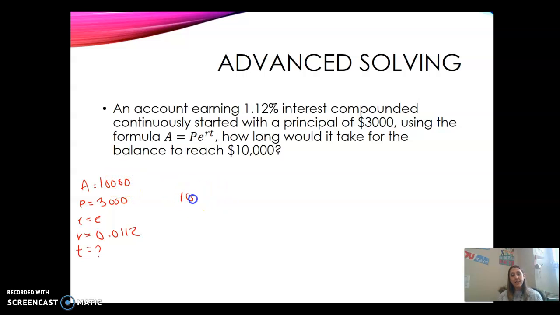So then I get 10,000 equals 3,000 times e to the (0.0112 times t). Those are parentheses, sorry. So now I have this whole thing is unknown, and I need to get everything away from it. So I'm going to divide both sides by 3,000.